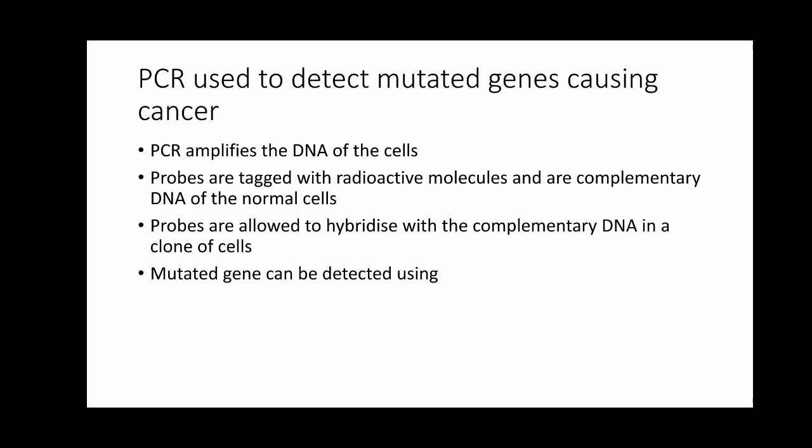In the whole genome, a certain part will be mutated, but the rest will be normal genetic material. So these probes will bind to their complementary regions. They hybridize, and that is known as hybridization.